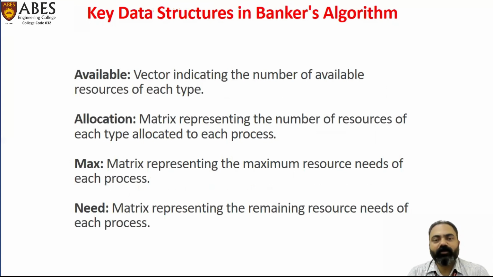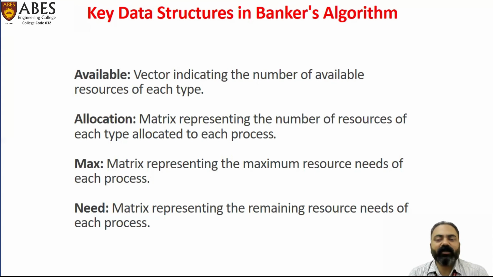Here are some terms which we will use in Banker's algorithm. Available: this is a vector indicating the number of available resources of each type in a system. Allocation: this matrix represents the number of resources of each type allocated to each process.